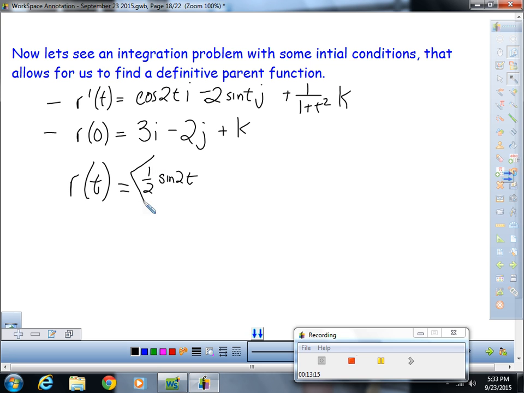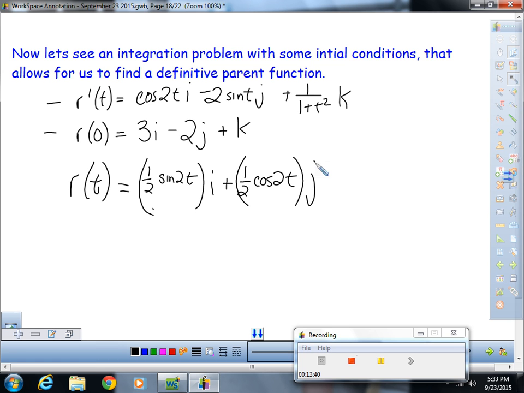And I'm going to change this over to vector. Nope, I won't. We'll keep working like this. i, okay, minus sine. So that's going to be a plus 1/2 cosine of 2t j. Uh-oh, trig integrals. So we'll have to go to the table for that one.